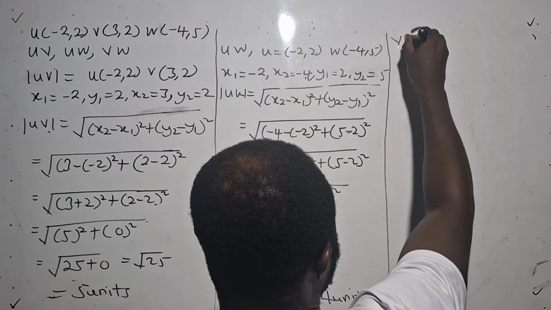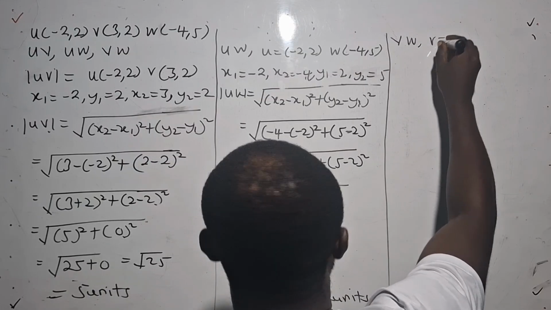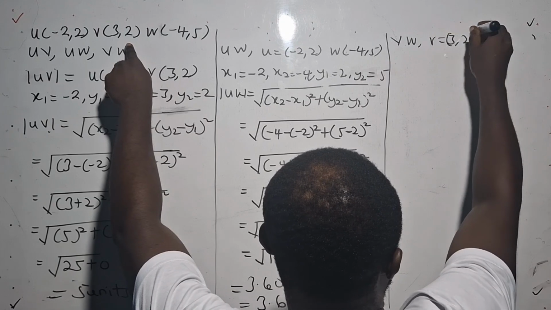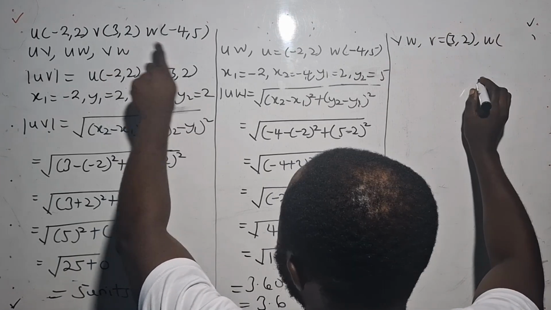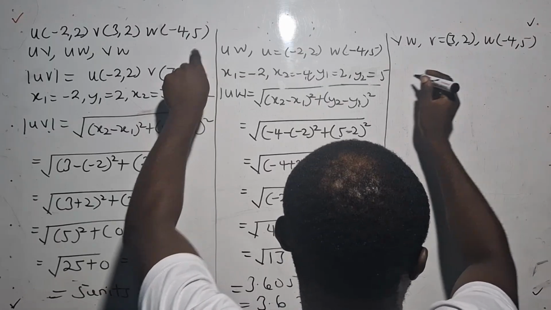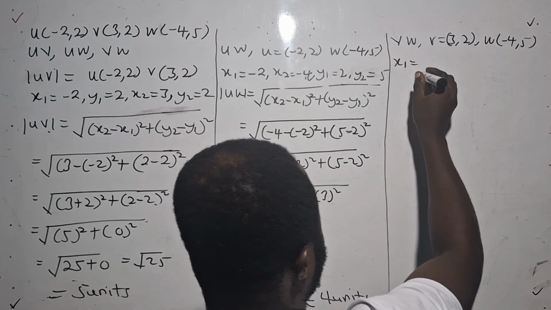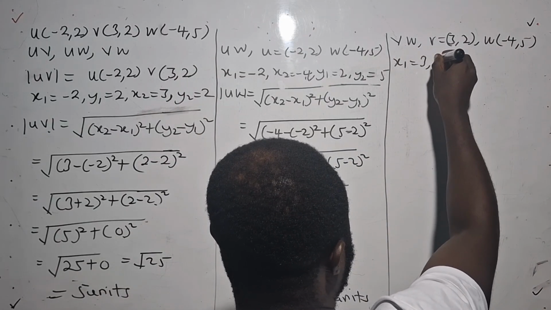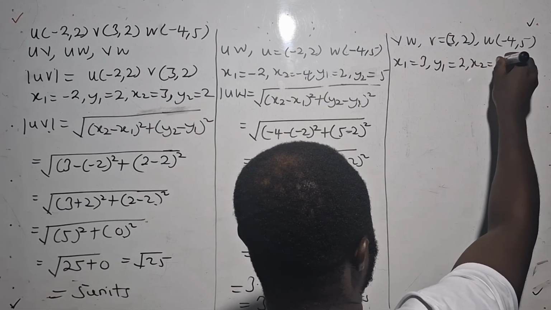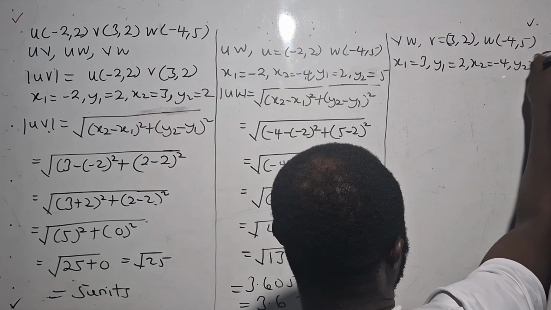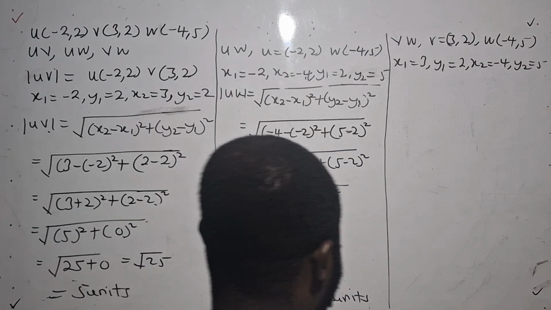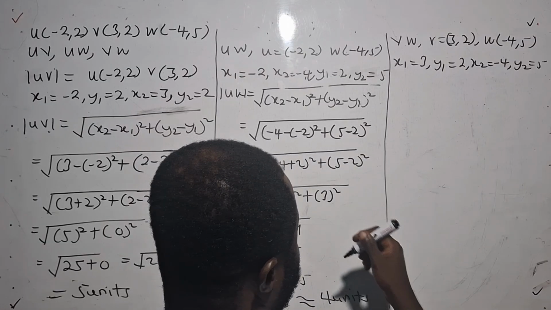The VW, for which V is 3, 2, and W is negative 4, 5. So x1 is 3, y1 is 2, x2 is negative 4, y2 is 5. So we should determine the type of triangle.